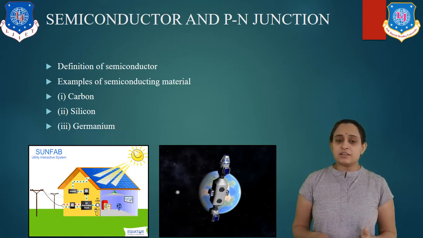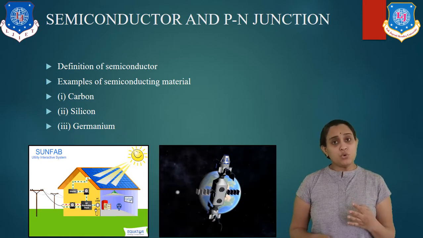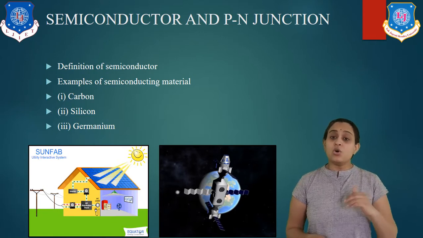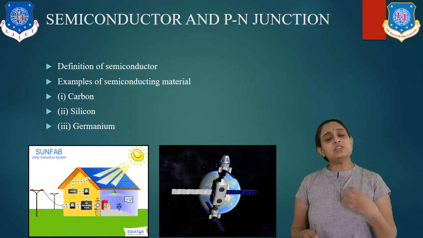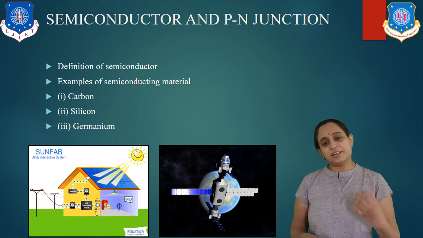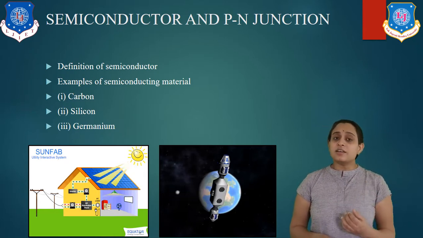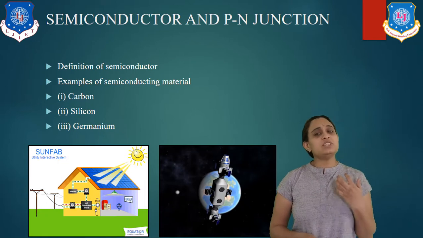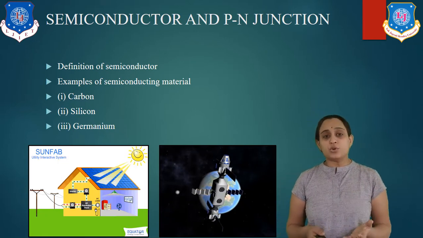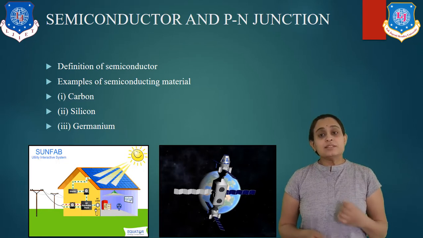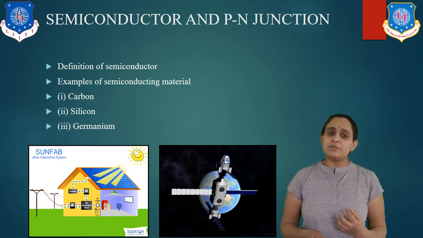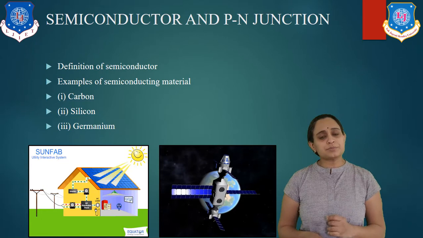The semiconductor may have 3, 4 or 5 electrons on the outer shell, which can be free only if some additional energy is supplied. The conductivity of a semiconductor can be changed by adding impurities, a process known as doping. The electric current can be carried by electrons or holes.